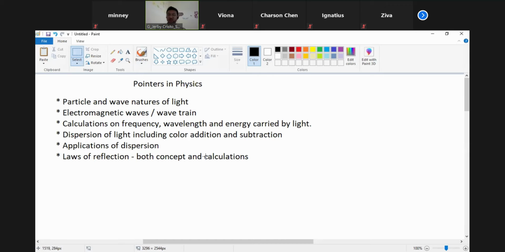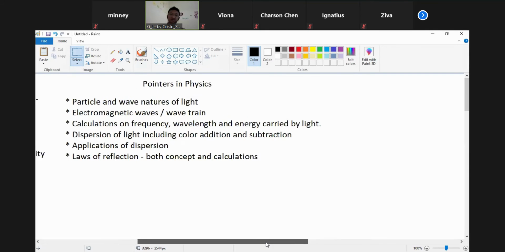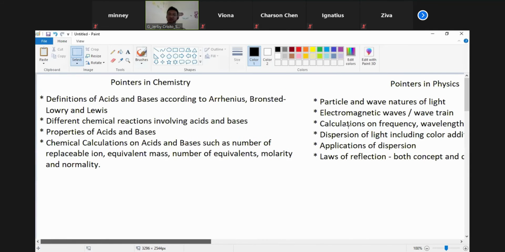The calculations we are still to discuss tomorrow during physics class. So those are the pointers in chemistry and physics. Later I will send you a copy of this.